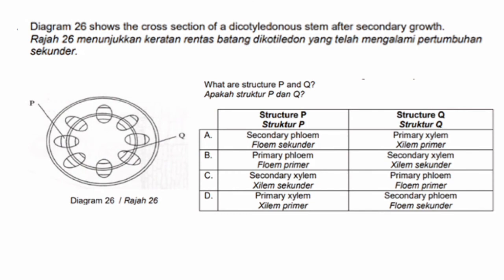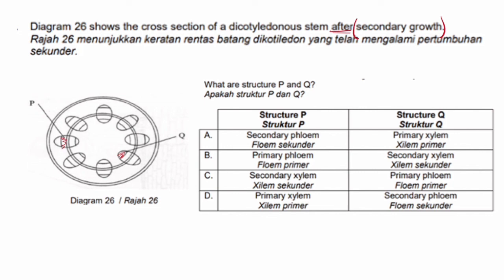Next question. Diagram 26 shows the cross-section of a dicotyledonous stem after secondary growth. Note that it is after secondary growth. What are structures P and Q? Can you remember what are structures P and Q? I'll give you a few seconds to think about your answer before I reveal it.